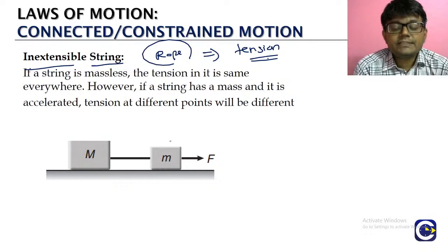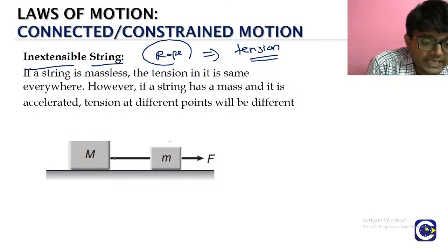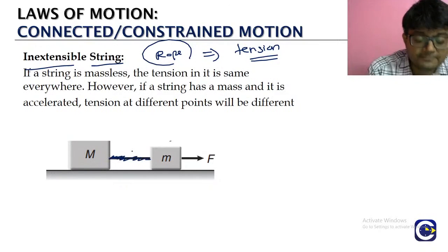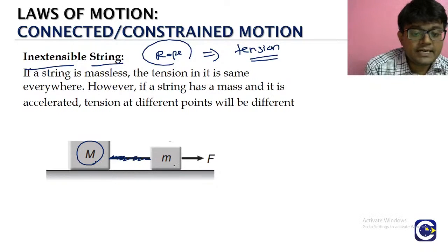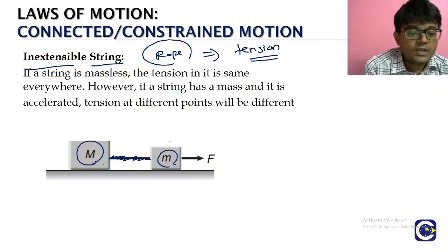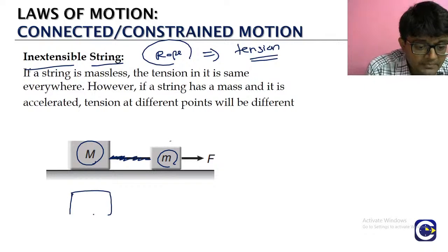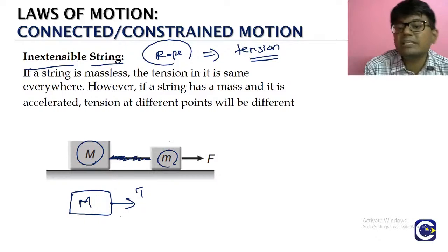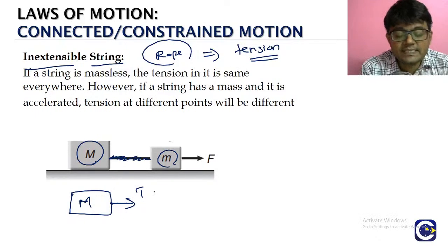Here the question is, this is the rope, right? It is connected to the capital M here and small m this side. If you draw the free body diagram for capital M, you will represent a tension here. Capital M will experience a tension.